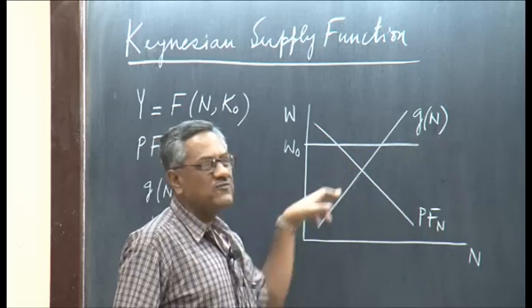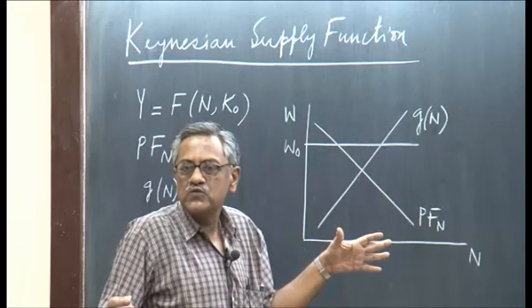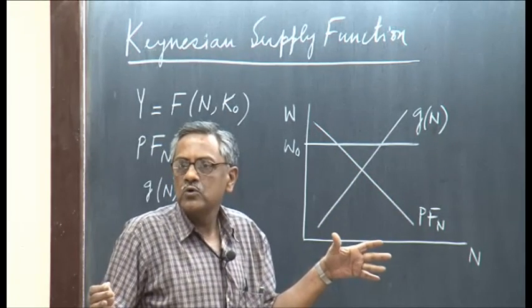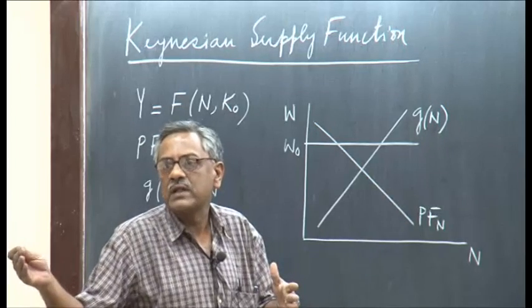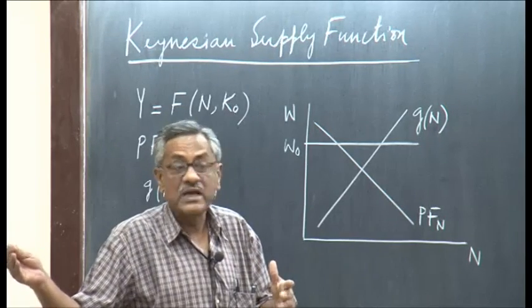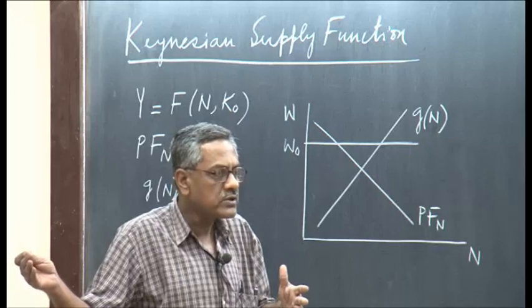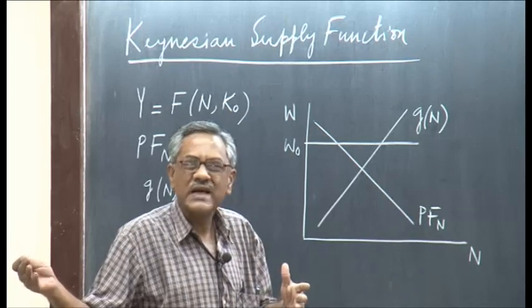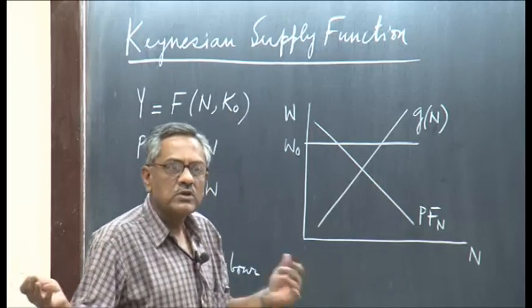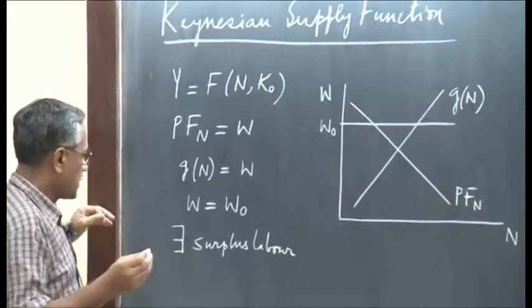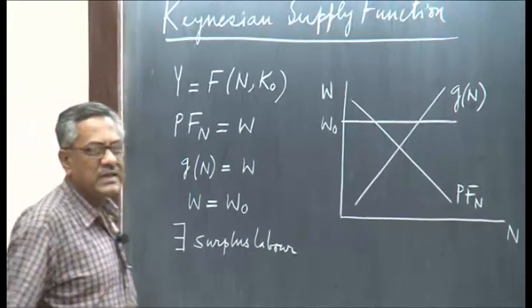So, the labor supply function is not very useful except telling you how much labor is available, which is unemployed, maybe part of it, which you are not using. That is all. It gives you the value of labor supplied.